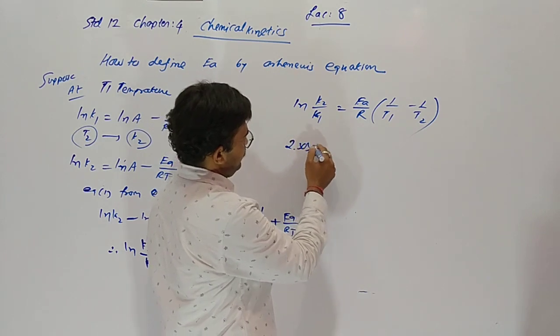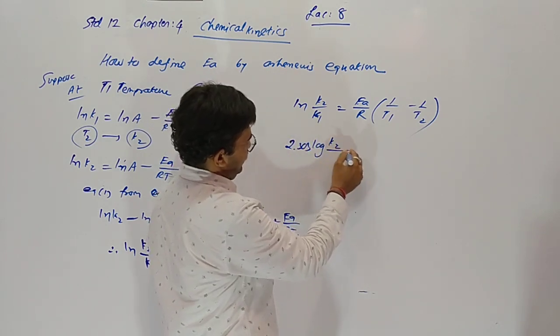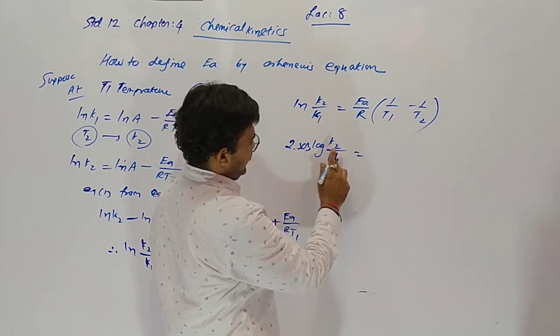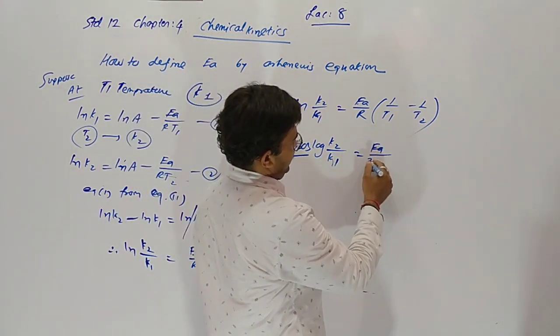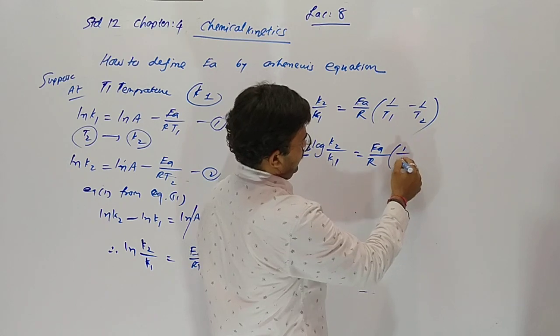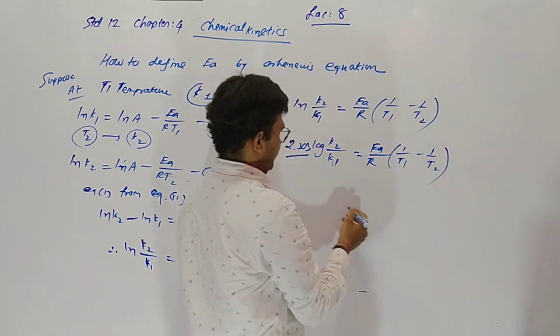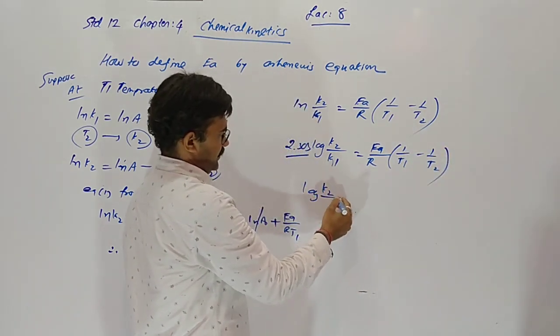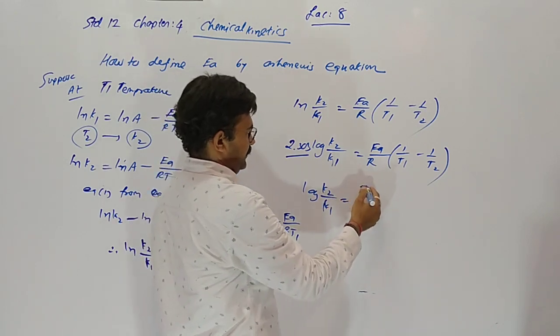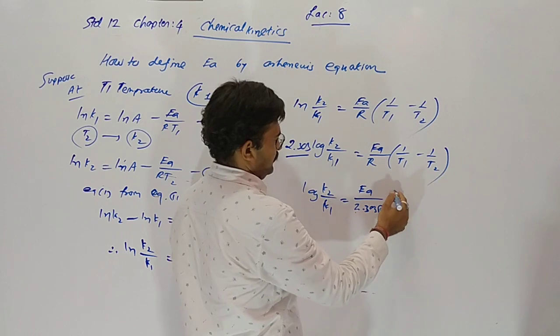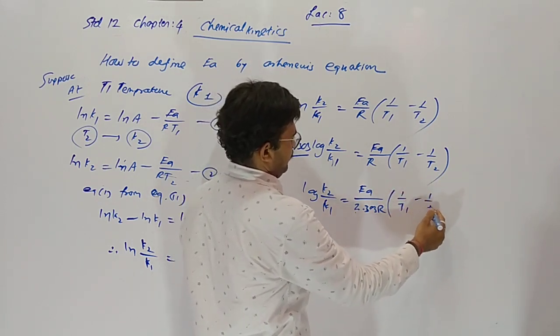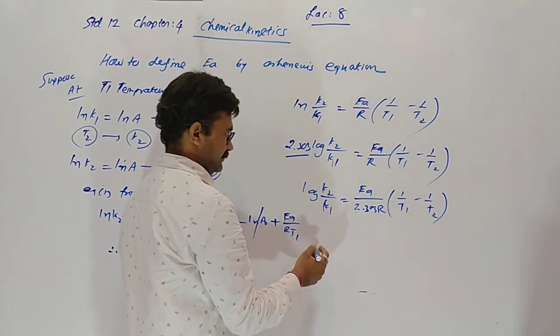Now converting ln into log, it should be 2.303. So log k2 upon k1 is equal to Ea upon 2.303 R times 1 upon T1 minus 1 upon T2.